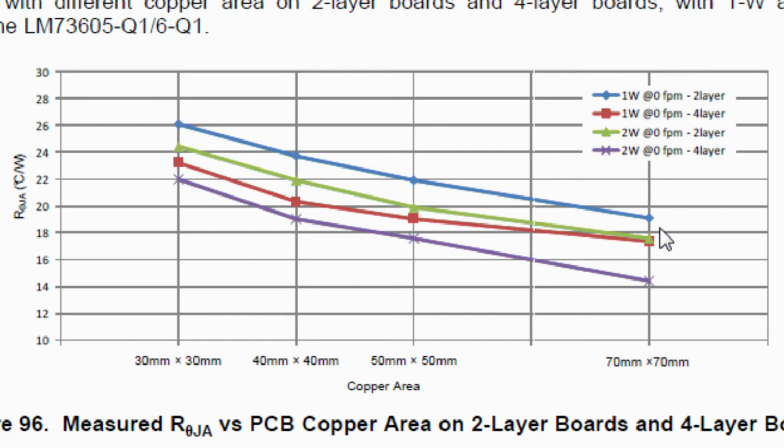And if we look at what our PCB design on this demo board is, it's closer to 70 by 70 square millimeters for the amount of area that's given for copper. So you could predict that you'll get an R theta JA around 17 degrees C per watt.